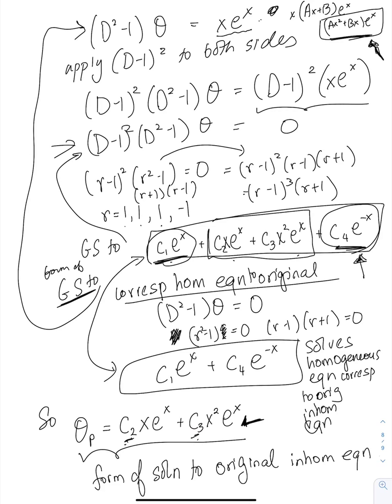Once you have the form of the solution, you just do what you did with undetermined coefficients. Writing it as a differential operator is not very different from just writing the differential equation. It's just more convenient to write it as operators, especially when you're using this technique of annihilators.